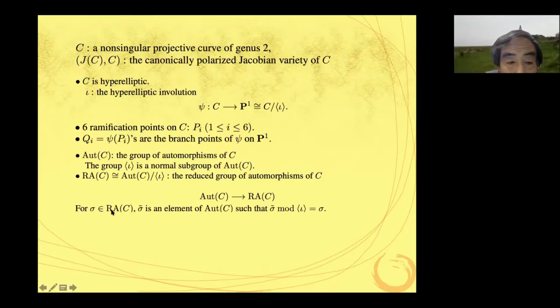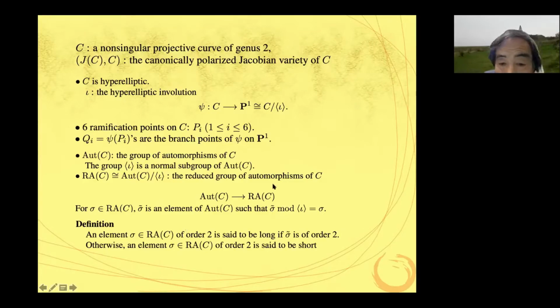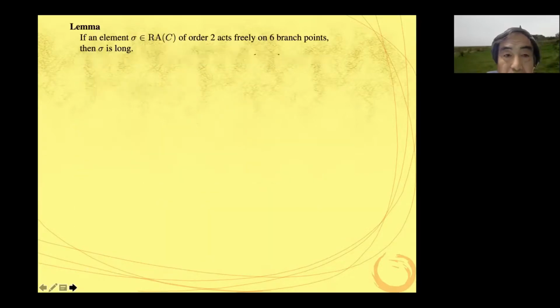If you take one element σ, then of course you can find an automorphism here such that modulo the involution it is equal to σ. And in the definition, an element σ of order 2 is said to be long if its lift is also of order 2. Otherwise, σ of order 2 is said to be short. We use this definition. This definition does not depend on the choice of lift, of course. It is not a difficult thing.